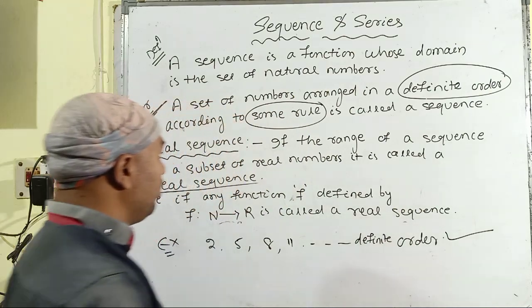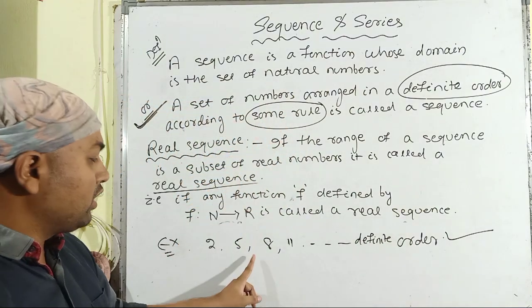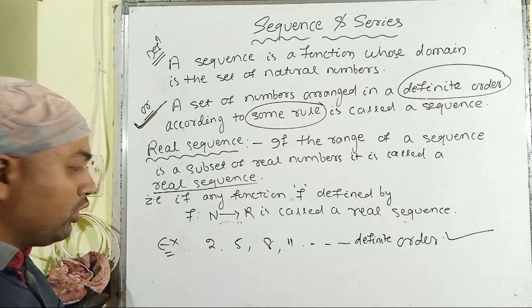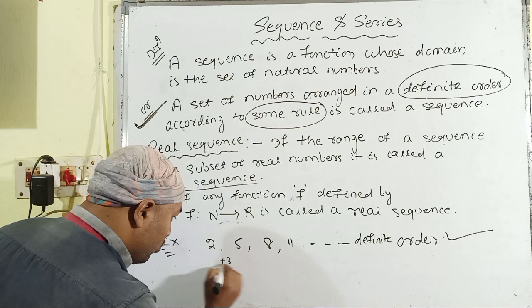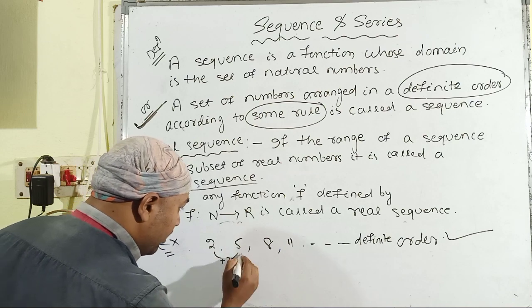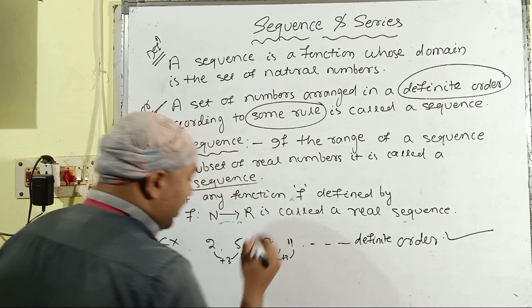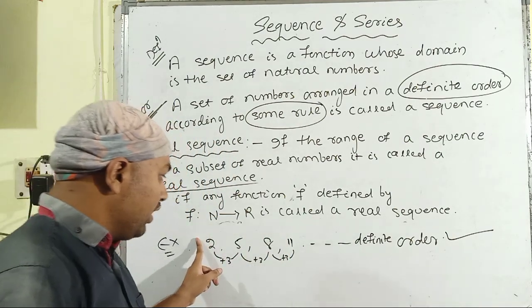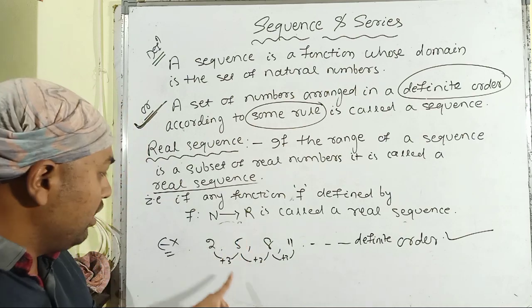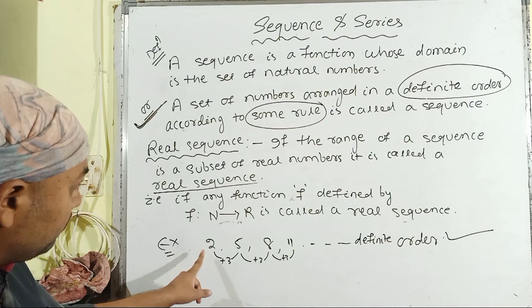Then we have to check the second condition, that means there must exist some rule between the elements. You can see that 2 plus 3 is 5, 5 plus 3 is 8, 8 plus 3 is 11. That means each and every term except the first term can be obtained by adding 3 to its immediate previous term.